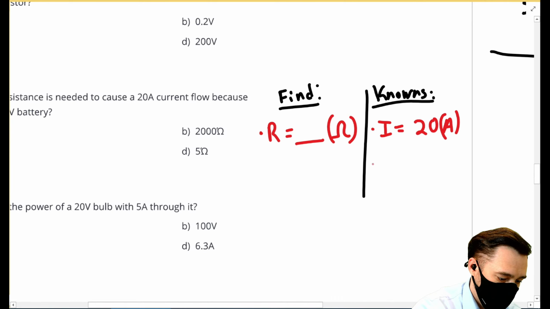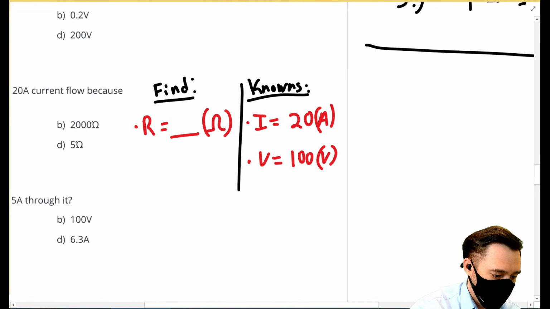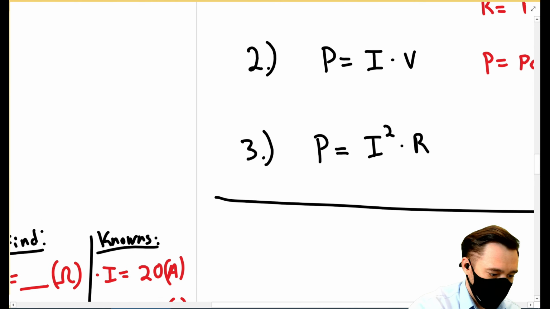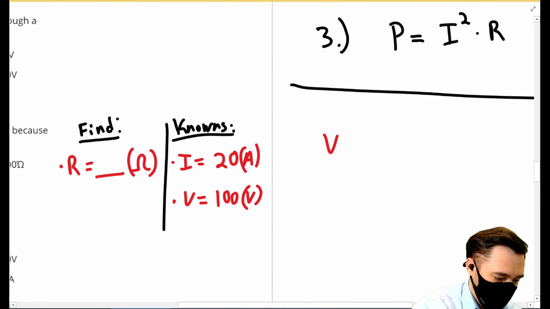And then my voltage is equal to 100 volts. So I need to solve for R. I have I and V. So I can't use these two because I don't know power. So we're going to still use that one. So V equals I times R.